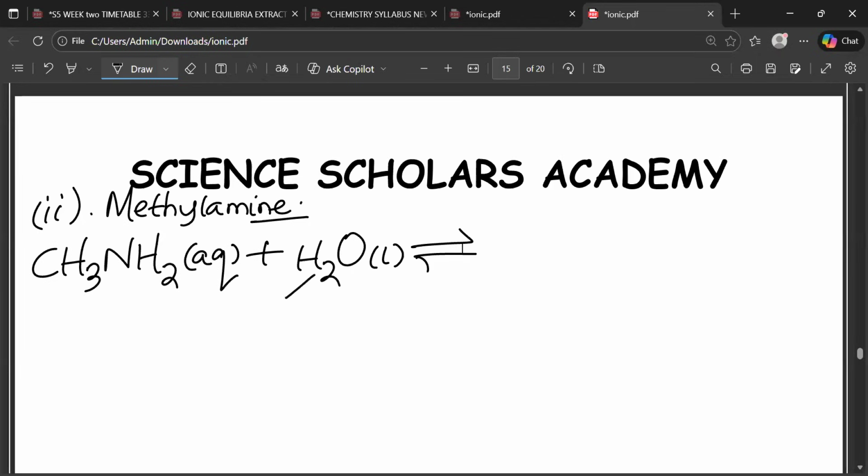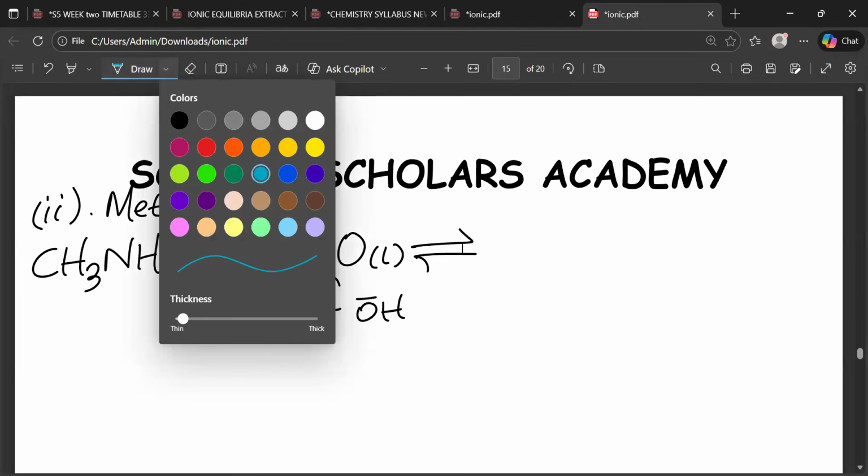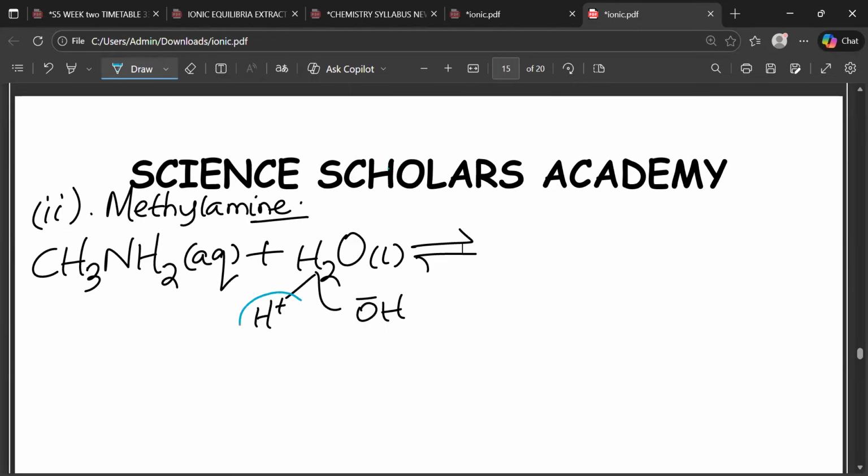And then we know that it is water that is going to do it all. What do we mean? That this water will have the H plus part and this part. You get? And we all know that this proton is going to be accepted by this base. And then this hydroxide will be part of the products because we expect a base to give it to us in solution. So what happens when this base accepts this proton?